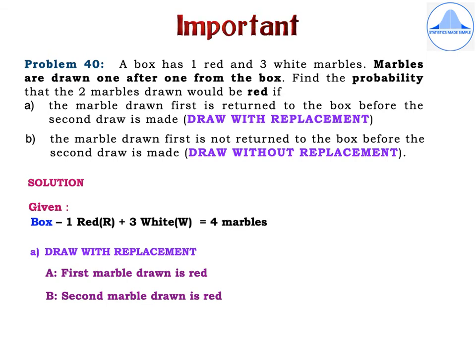So, what do you understand by this? And also remember that the marbles are drawn one after the other. So, you have to remove 2 marbles from the box one after the other, and they have to be red in color. That means you will have 2 events. The first event A will be first marble drawn is red, and event B is second marble drawn is red.